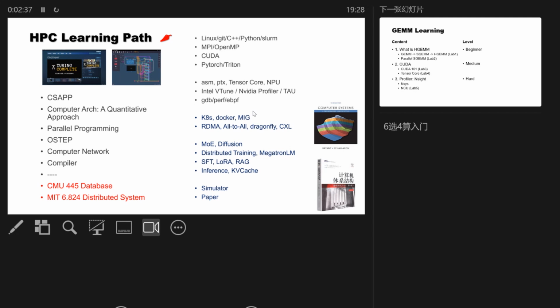After that, in the operating system class, I learned from the textbook OSTEP, Operating Systems: Three Easy Pieces, and also other courses like compilers and networks. The list on the right shows some of the techniques you should learn for HPC and machine learning systems, like Tensor Core usage, VTune usage, KVM, Docker, and some virtualization techniques. Also, something from networking like RDMA and many other things.